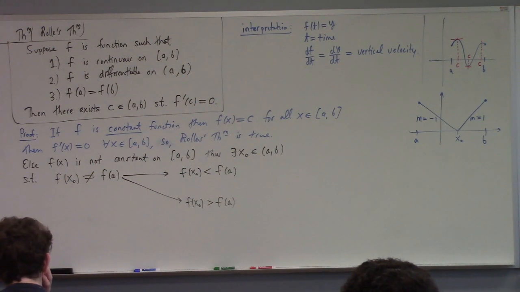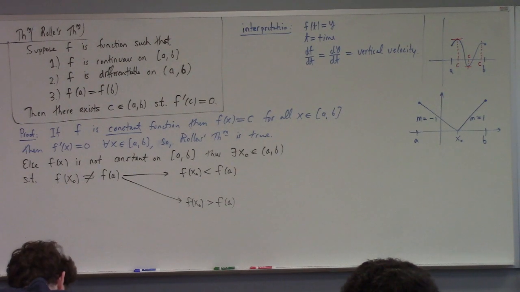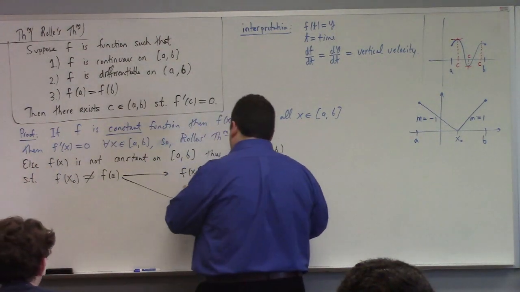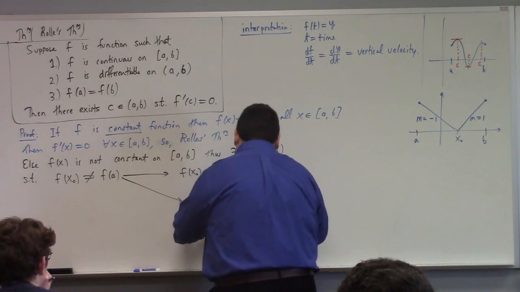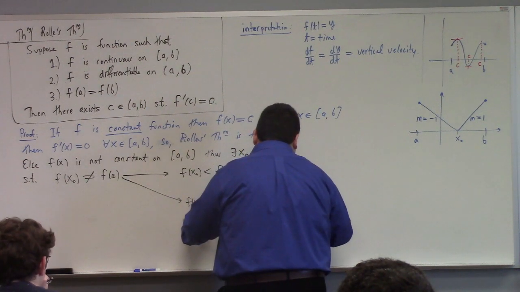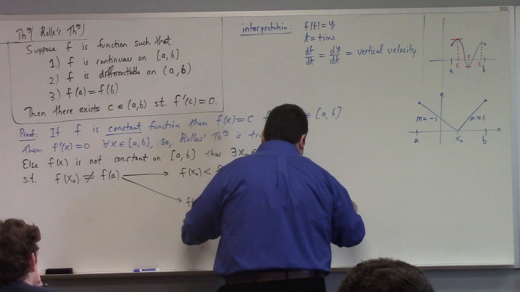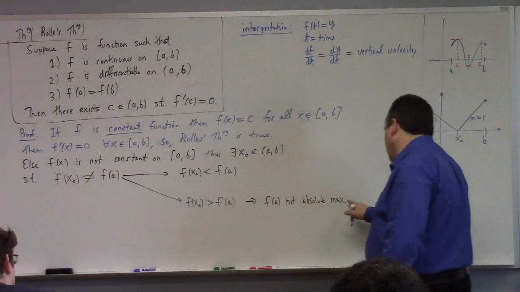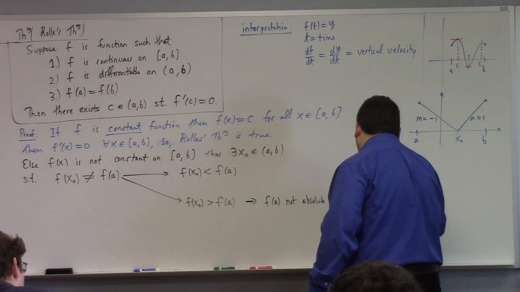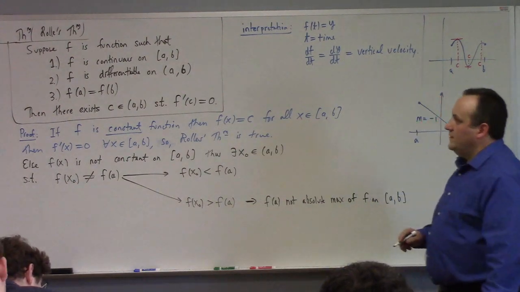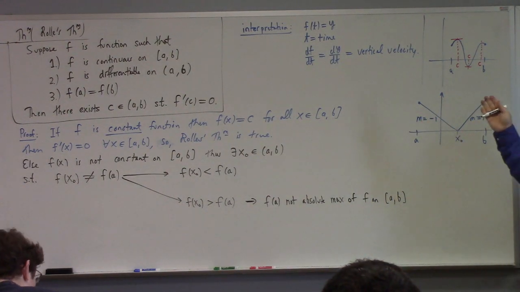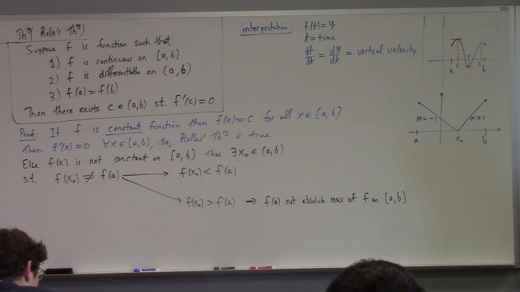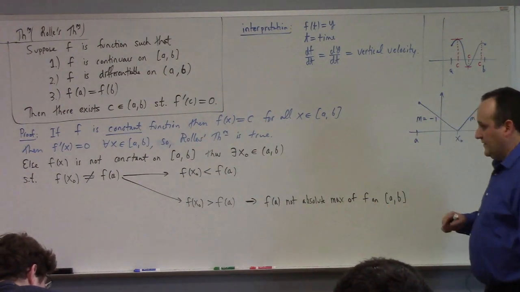If x naught is an element of (a, b) and f of x naught is greater than f of a, then f of a is not the absolute maximum of f on [a, b]. So we're using the extreme value theorem. Remember, the extreme value theorem says that if f is continuous on the closed interval, it attains its absolute minimum and maximum. So if f of x naught is greater than f of a, then f of a is not the absolute maximum of f on [a, b].